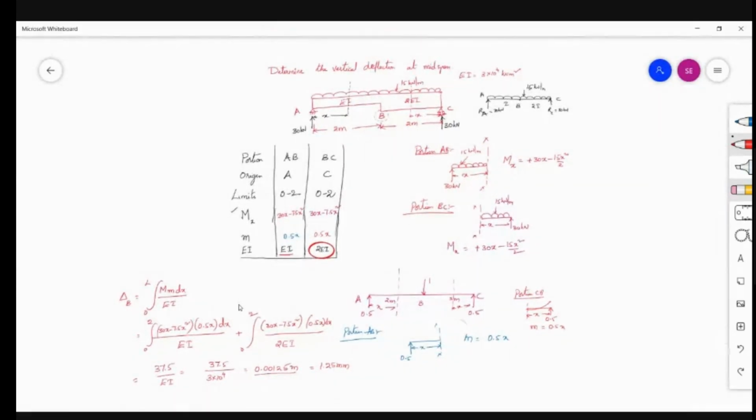If anyone is having any difficulty, you can take the screenshot of this one. Entire problem is visible to you.